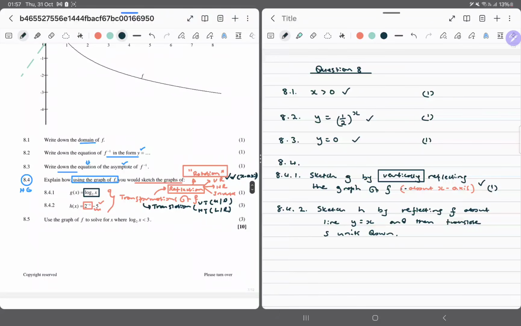So can you see guys, first of all, knowing the reflection and the line of reflection becomes the special thing now, because it's not just any other reflection but about a specific line. And essentially the 5 units down, you can say shift if you don't like the word translate. And then they shifted down 5 units.